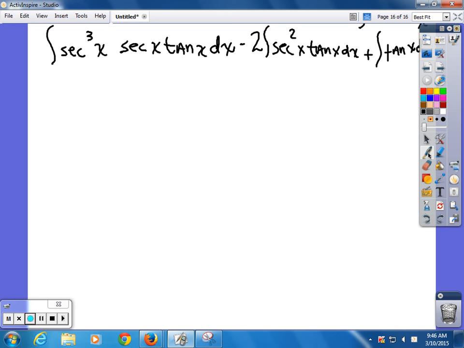Now, that secant tangent, that looks a whole lot better now, doesn't it? I think we can pretty much take the antiderivative now, can we not? Finish it out.